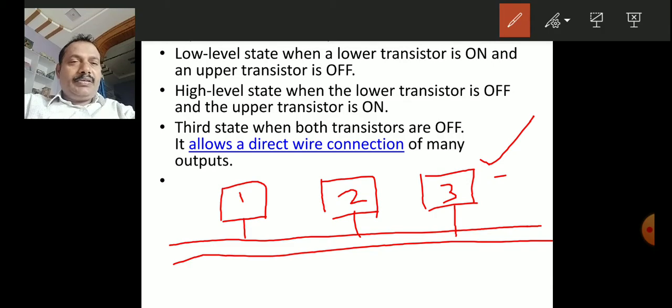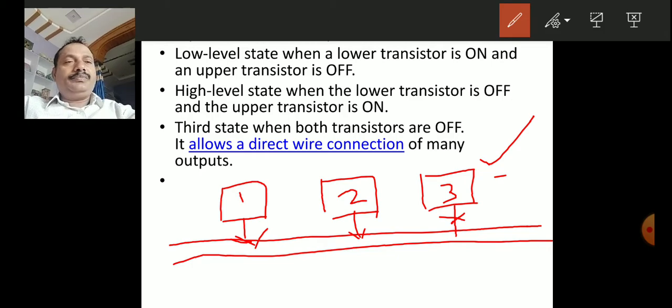This device is connected to the bus. Whenever both totem pole transistors are in the off state, then this is automatically isolated from this bus. This is isolated and these two are connected, hence they will communicate and the data transfer will take place. So this is the advantage of the third state of the TTL totem pole configuration.